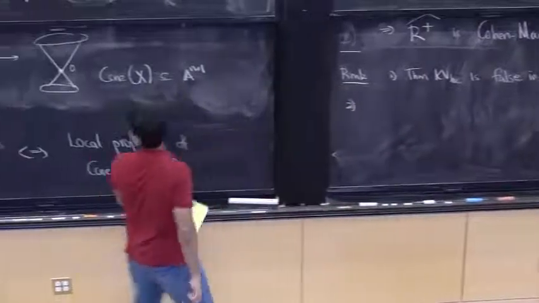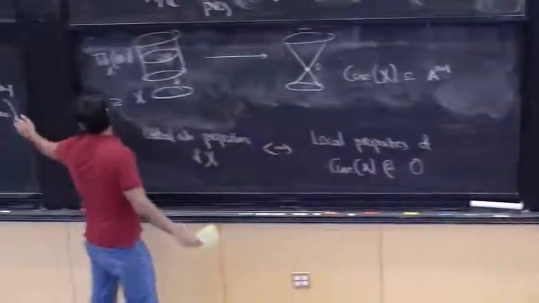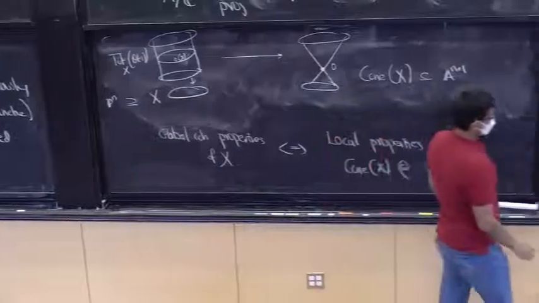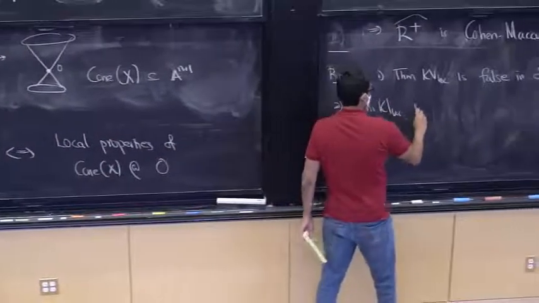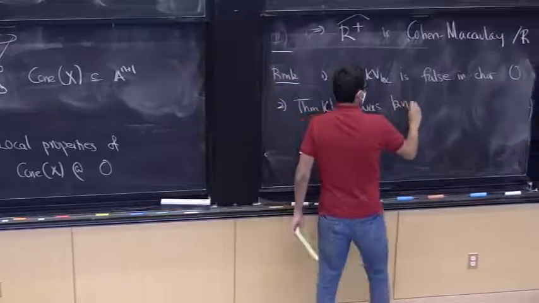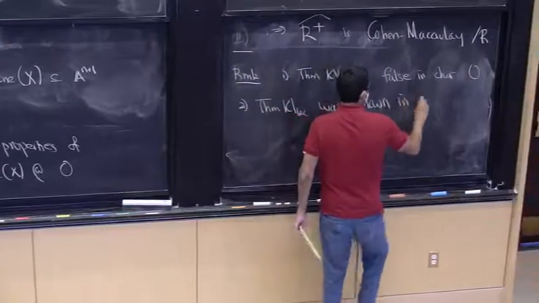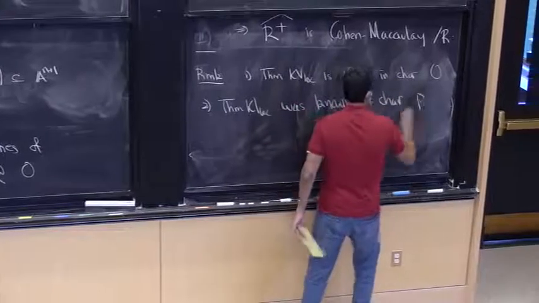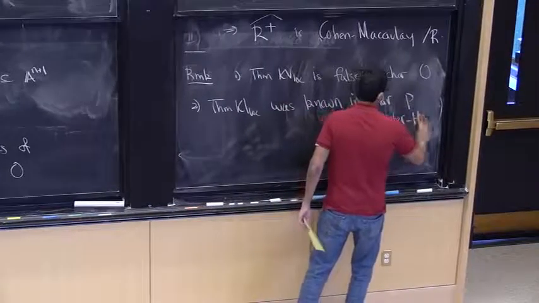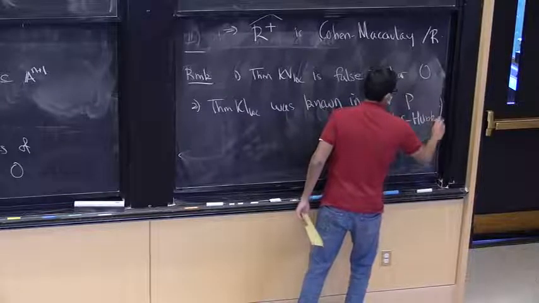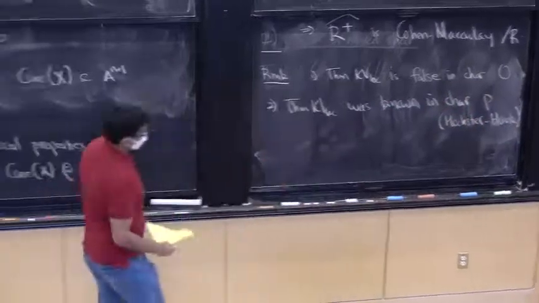And the second remark is essentially the same remark. This theorem was known in characteristic p by the same authors in the same paper. If you look at their paper, you're not going to find the geometric formulation that I explained before. This is the version you'll find.